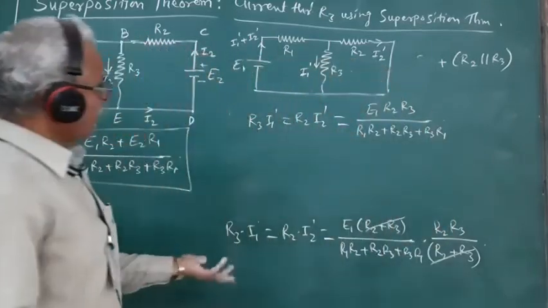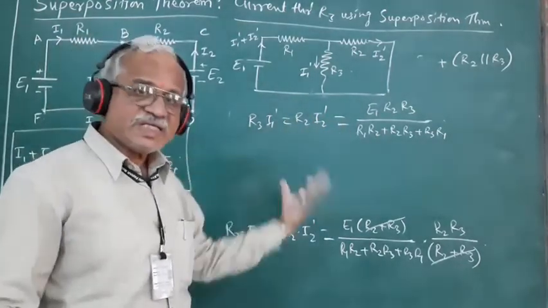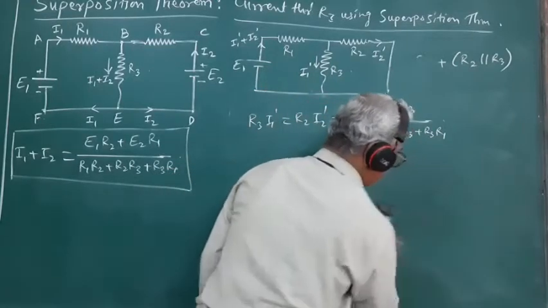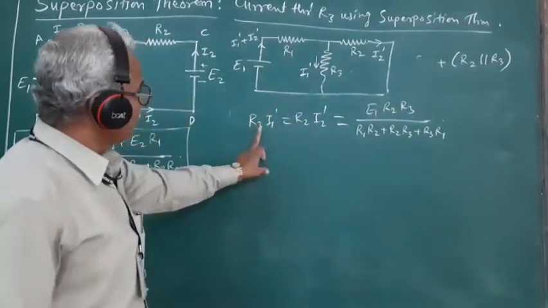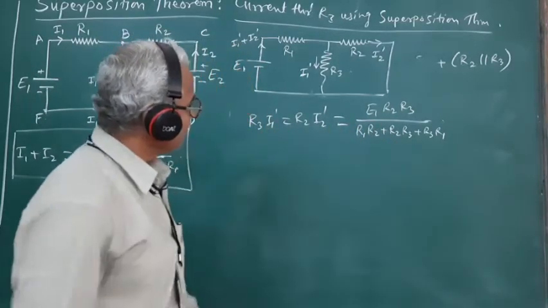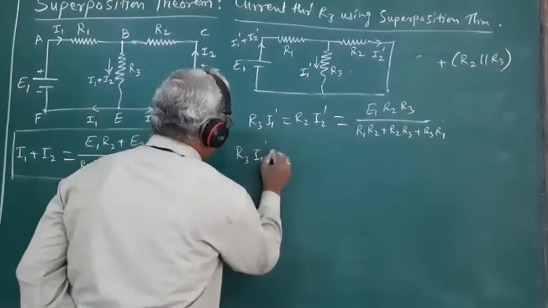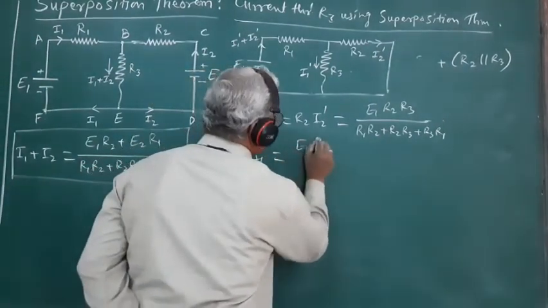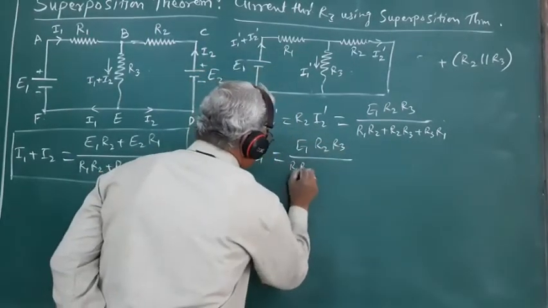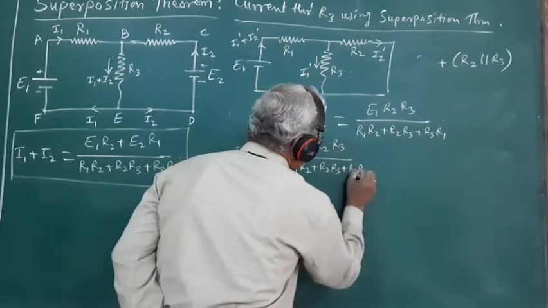And now we can obtain the expression for I1 prime and I2 prime separately. So here, if we equate the first term on the left side and the last term in this expression, we get R3 I1 prime is equal to E1 R2 R3 divided by R1 R2 plus R2 R3 plus R3 R1.